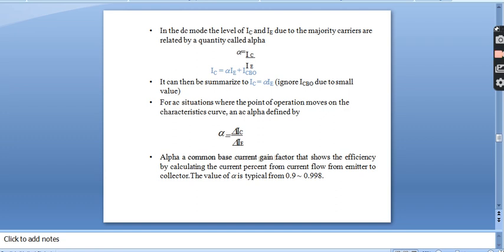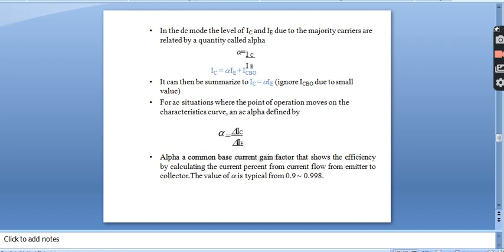Then IC is equal to alpha into IE plus ICBO. This ICBO is due to the reverse leakage current. It can be summarized as IC equal to alpha into IE, ignoring ICBO due to its small value. ICBO is the current when the emitter is open.